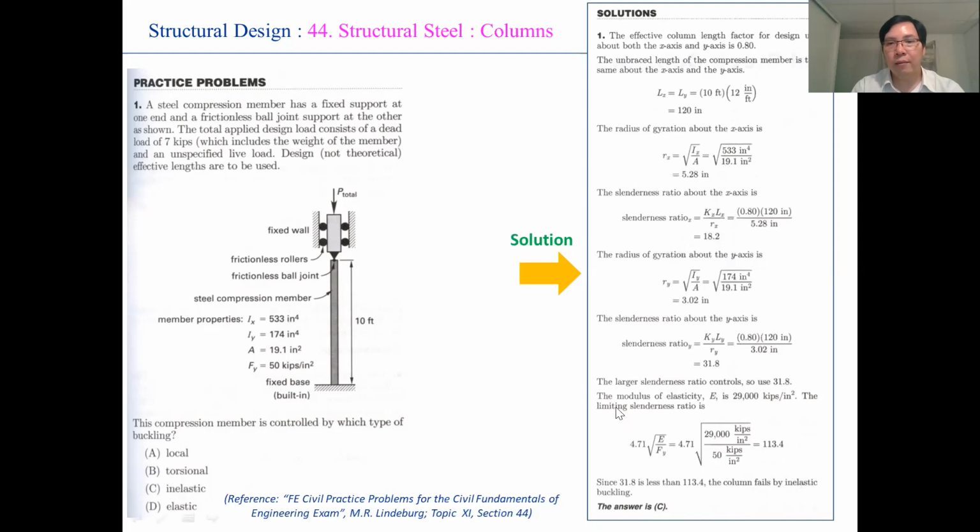So at the end, you can calculate the limiting slenderness ratio by this equation, and you can find the result 113.